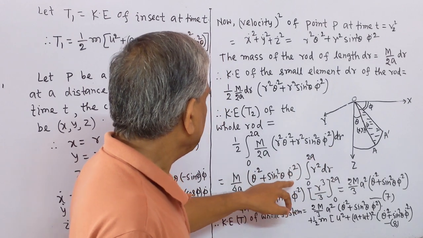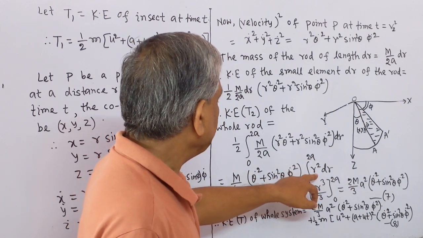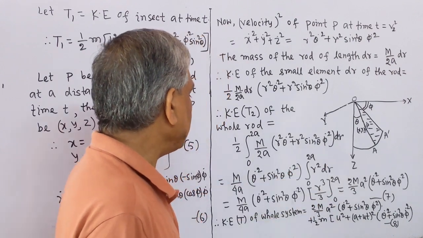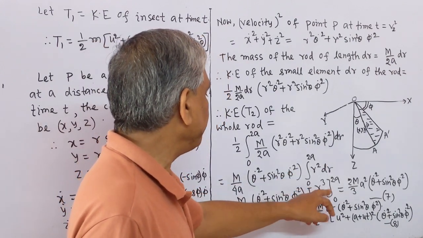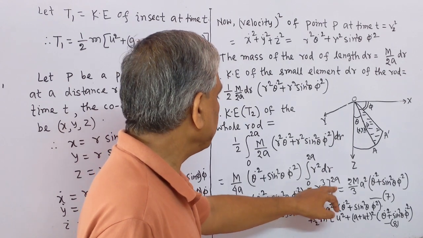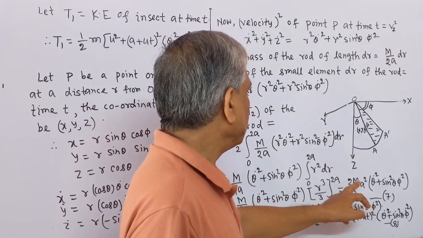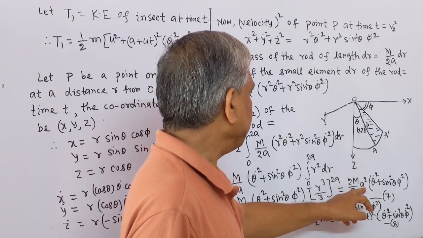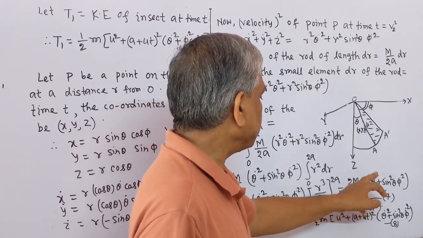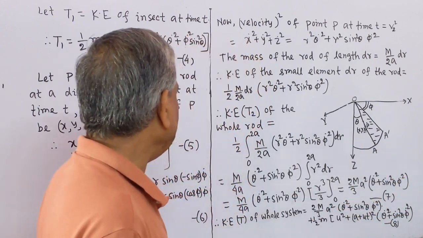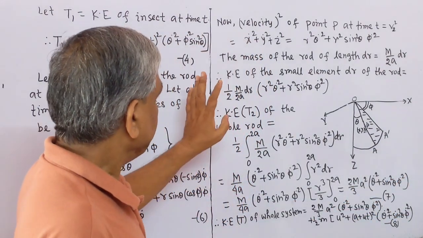So here only the integration from 0 to 2a of r square dr remains. Integration of r square equals r cube by 3, limits 0 to 2a, and putting this value we get here 2M by 3a square, under bracket, theta dot square plus sin square theta phi dot square. This is the kinetic energy of the rod.